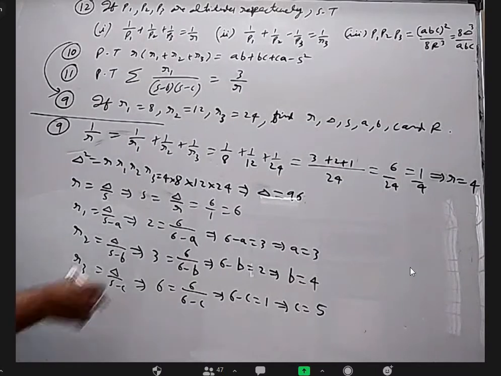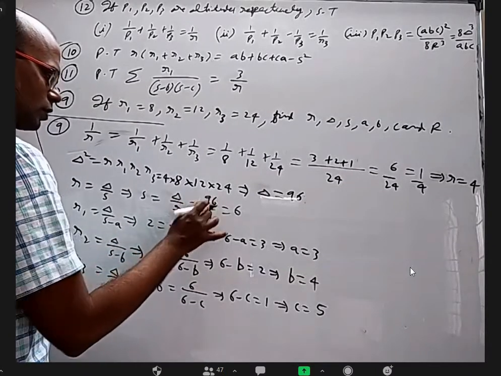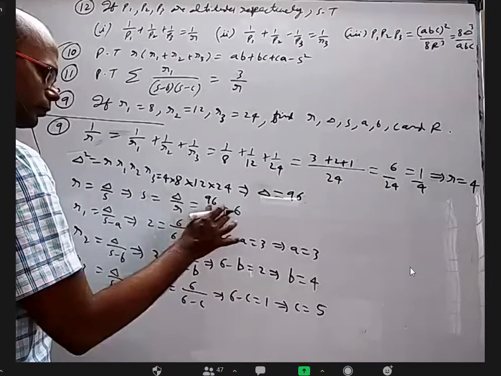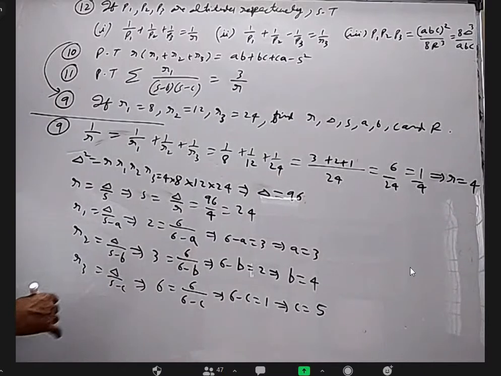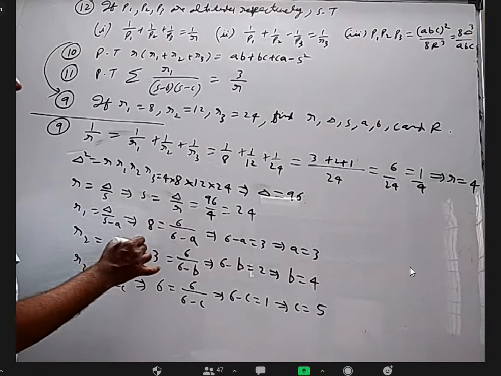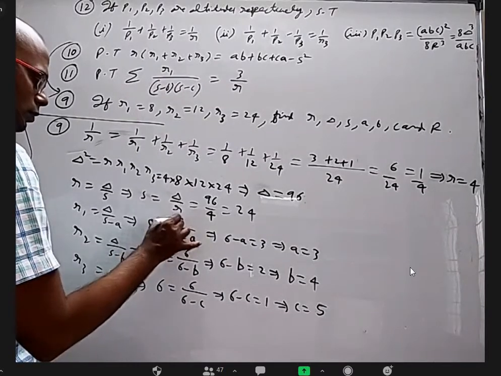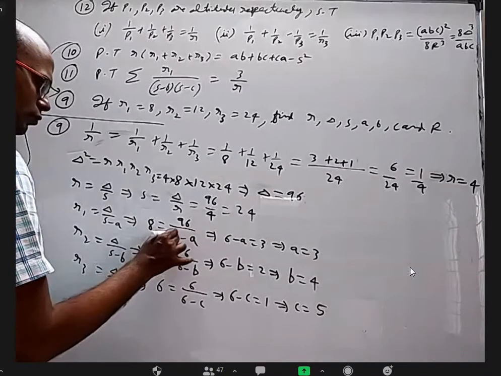Okay. Delta is 96 and r is 4. So this will be 24. r1 is 8. Delta is 96 and s is 24.